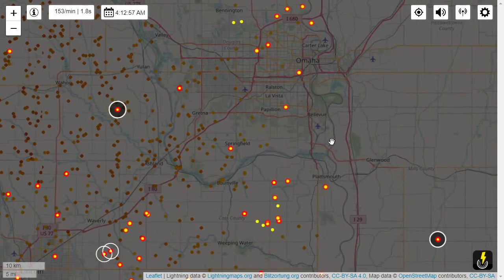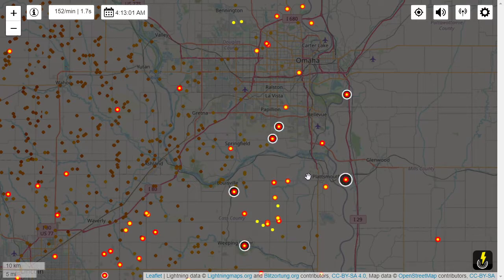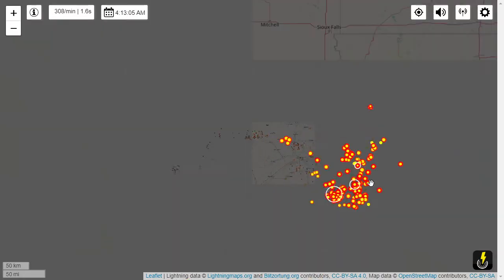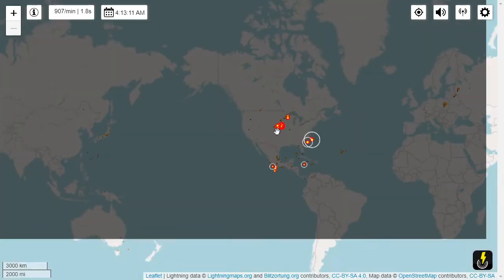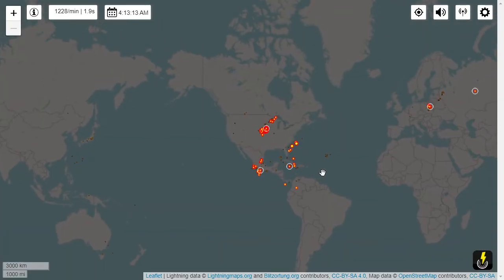Some serious lightning. A thunderstorm striking right in the middle of the city of Omaha. Anyway, there's your global lightning map.